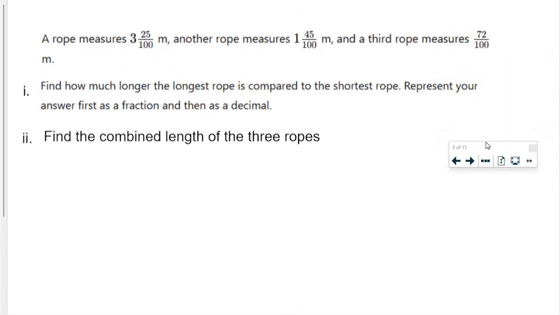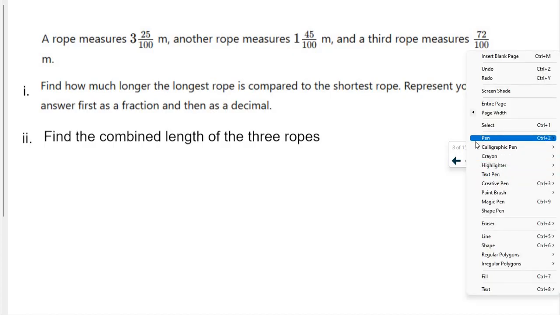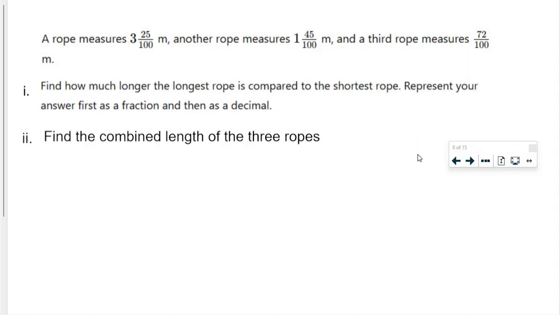This question says, a rope measures 3 and 25/100.